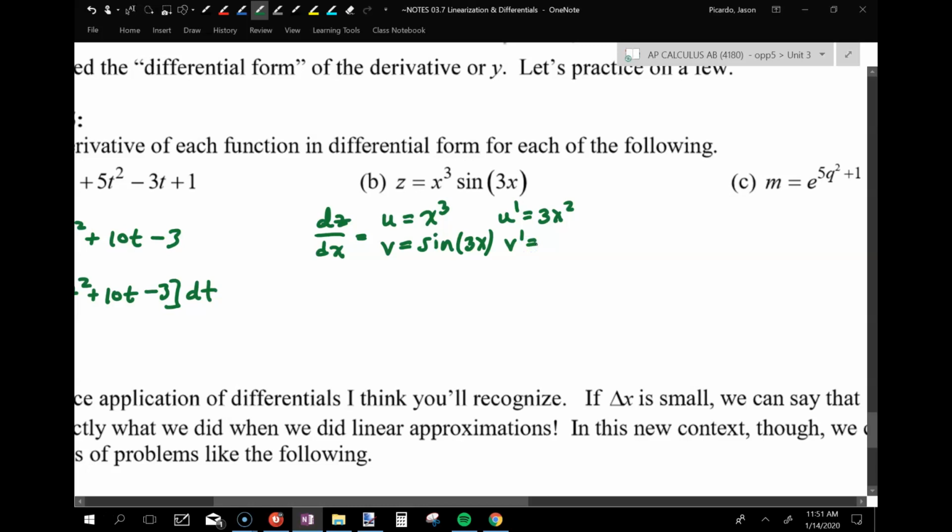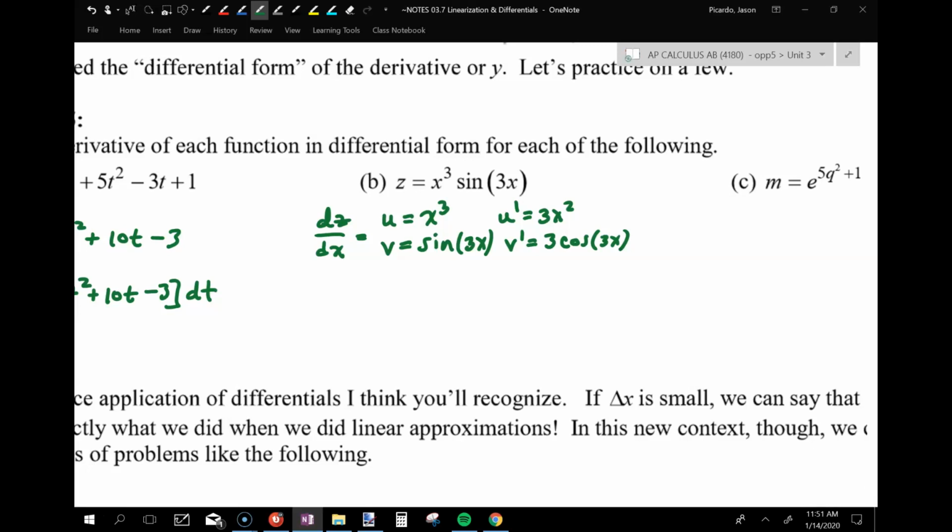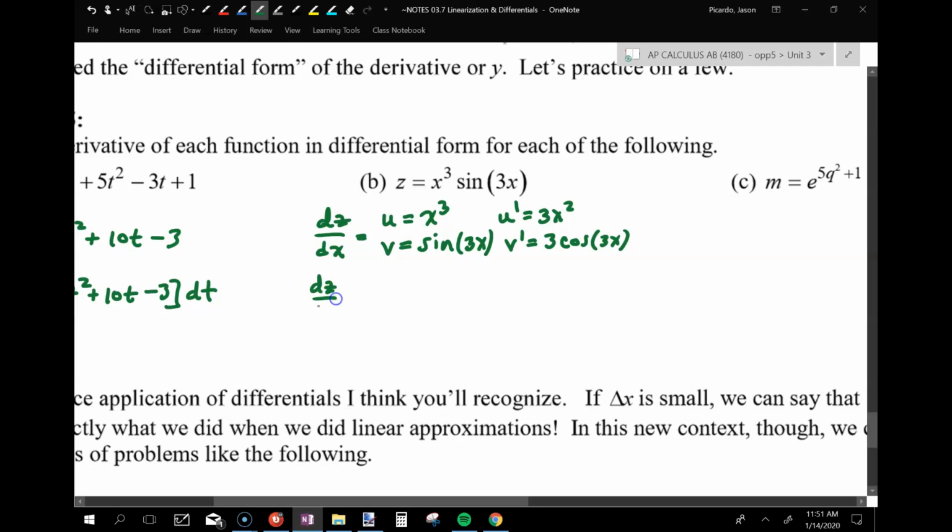Chain rule. 3 times cosine of 3x. Oh, my children have grown. All big. That's exactly right. And we know that this is the same as u v prime plus that guy.